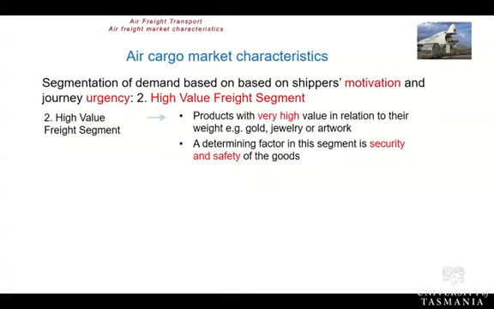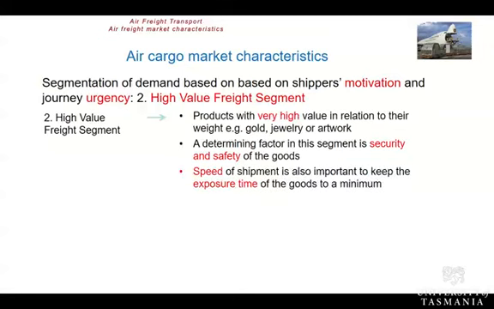those customers easier. Speed of the shipment is important, and that's mainly because the quicker you get those products to the customer, it minimises the amount of exposure that it might have en route. As with the previous category, there are some subcategories of customers that you can find within that group.